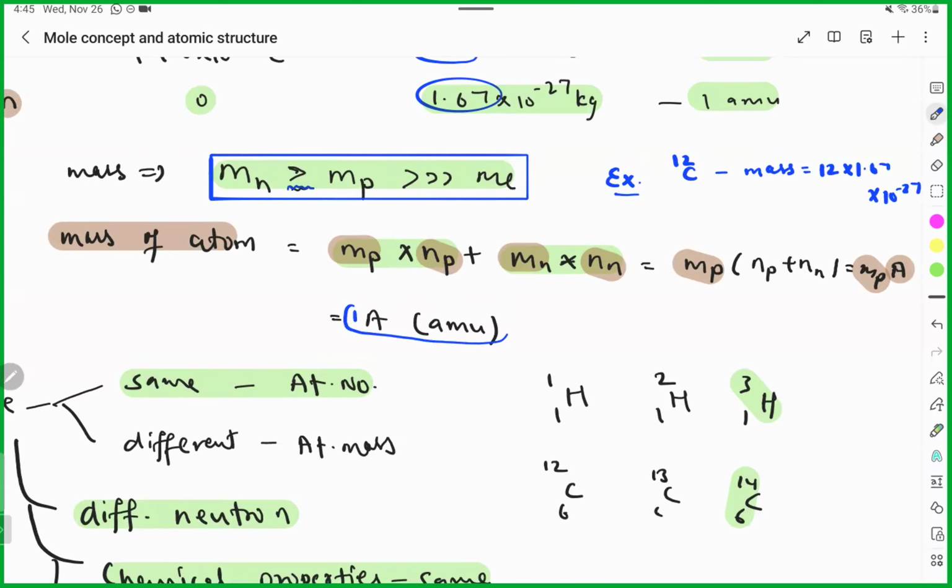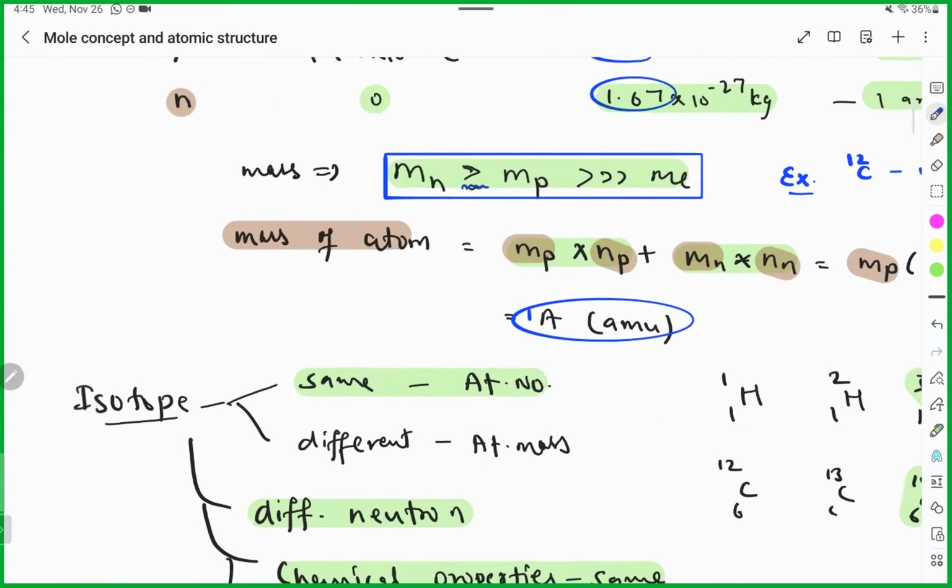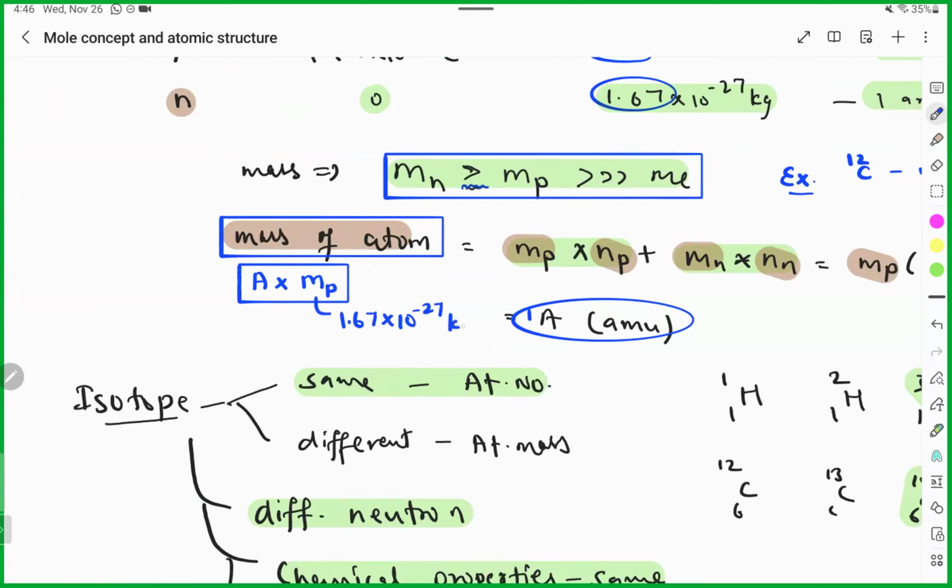Any doubt? So this is important, focus on how to calculate the mass of one atom. Simply, it is the atomic mass A times the mass of proton, which is fixed. This value is always 1.67 into 10 raised to power minus 27 kg. Correct?